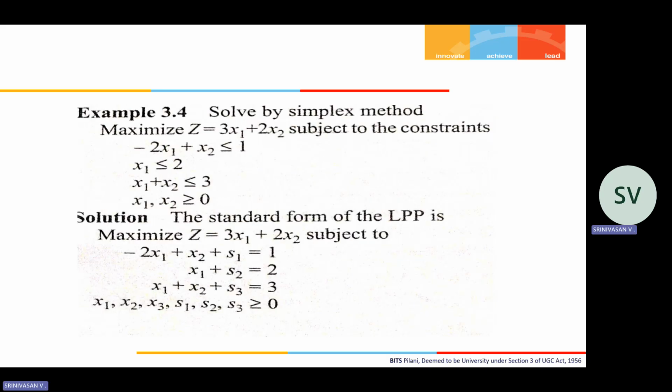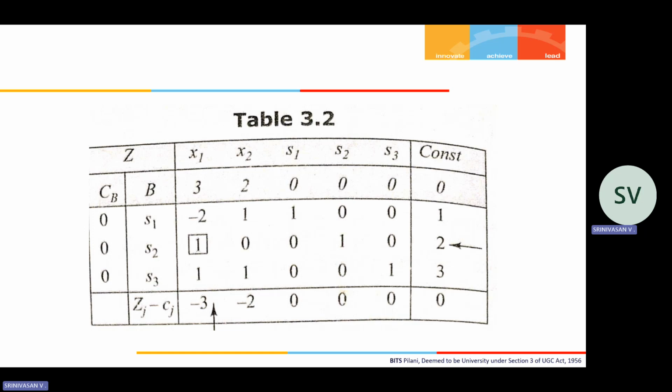So the coefficients are 3, 2, isn't it? So 3, 2, and s1, s2, s3 coefficients are 0. Constant: naturally, there is no constant on the right hand side, so 0. It is standard.